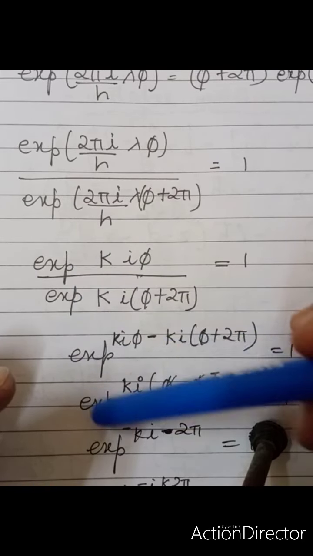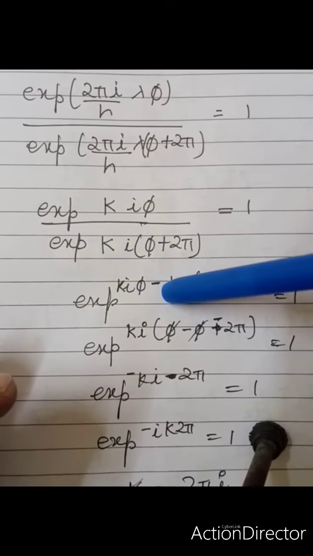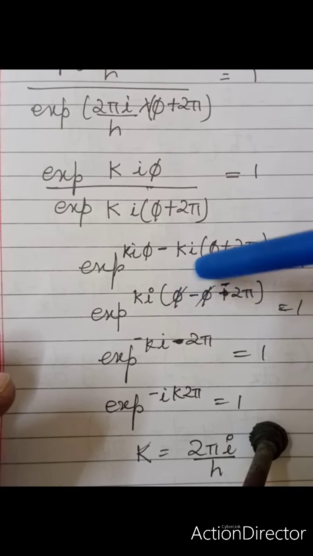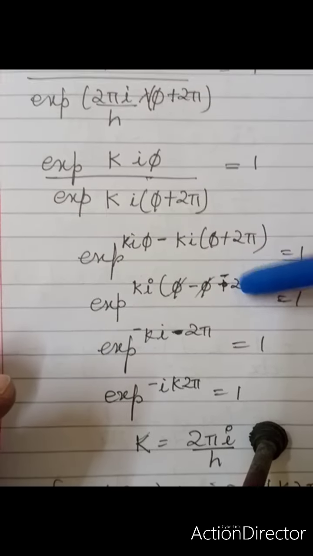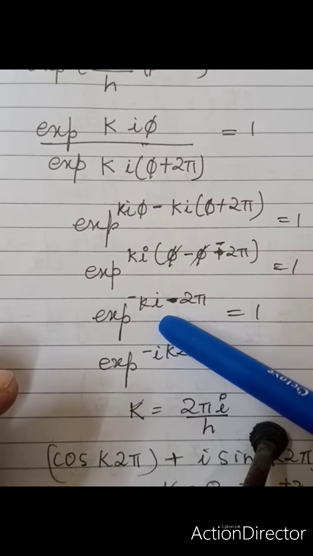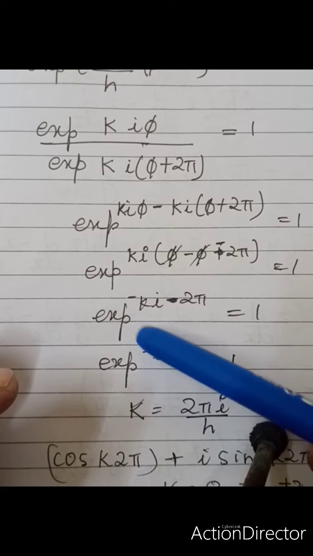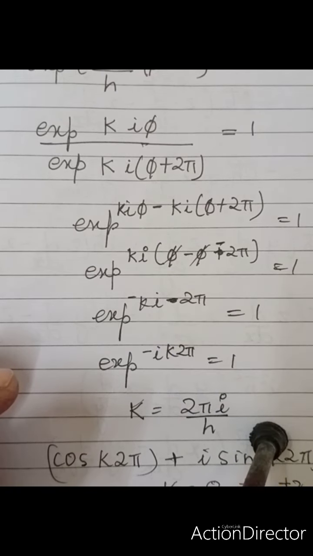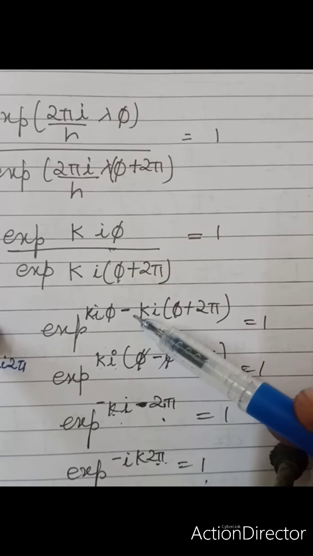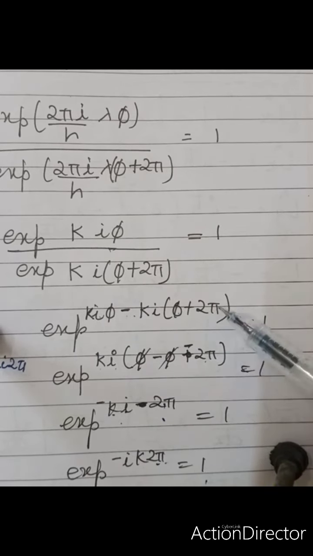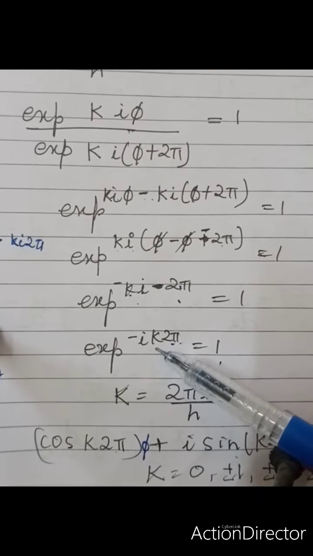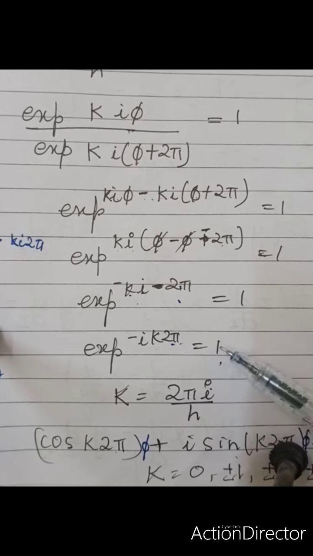Now when the exponential term comes in the numerator, you put a minus sign, and take ki common: phi minus phi and minus 2 pi. So the plus and minus phi will get cancelled. When you solve this, exponential ki phi minus exponential ki phi cancel, and you are left with exponential of minus 2 pi i k equal to 1.